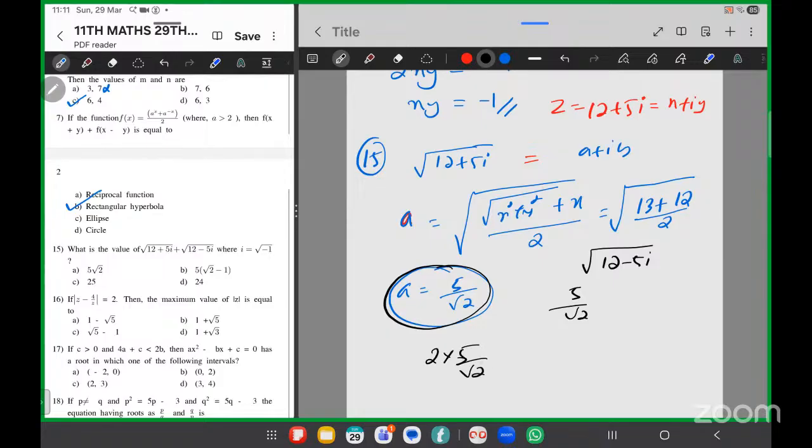So here you can cut this 2 and under root, so you are getting 5 root 2. So answer will be 5 root 2.